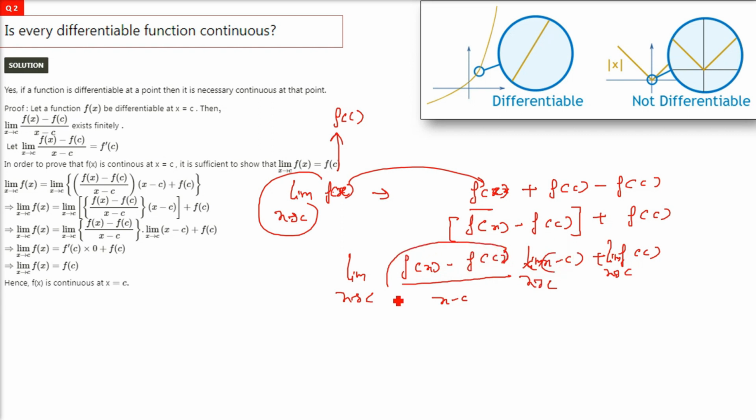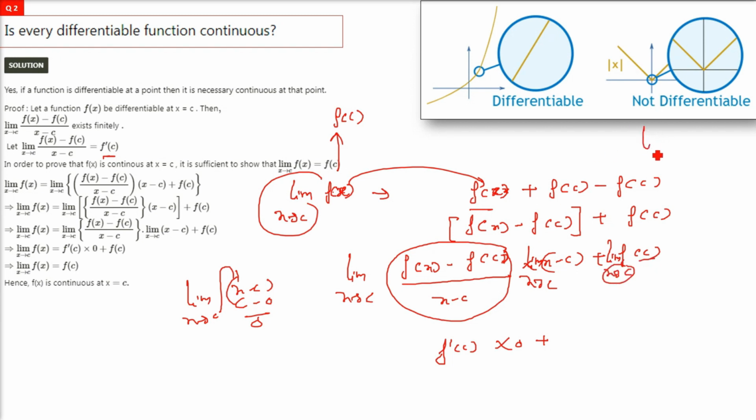So this (f(x) minus f(c)) by (x minus c) is nothing but f dash c. Limit x tends to c in x minus c will be what? If you put x as c, c minus c is 0, plus limit x tends to c f(c). Since f(c) is a constant, whatever limit you put, it doesn't matter. For example, if you have limit x tends to 2 and you have a 5 value, where are you going to put the x?